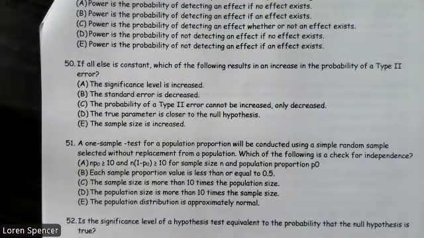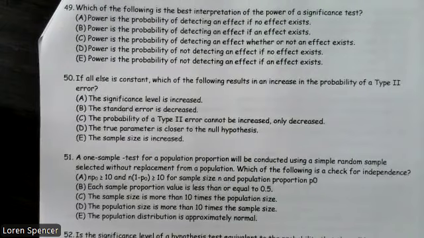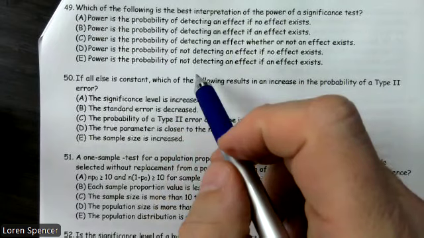All right. Then 49. Which of the following is the best interpretation of the power of a significance test? Power is the probability of correctly rejecting a false null. All right. So correctly rejecting a false null. To do that, I have to detect a difference.